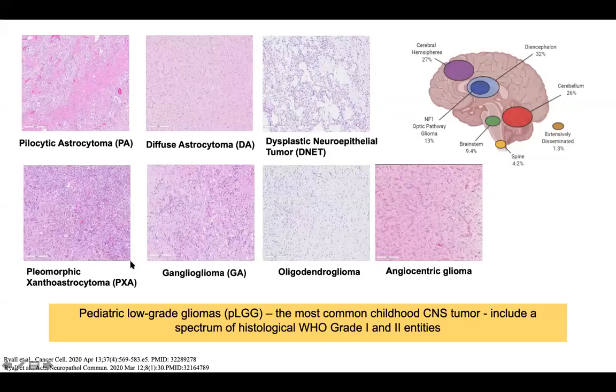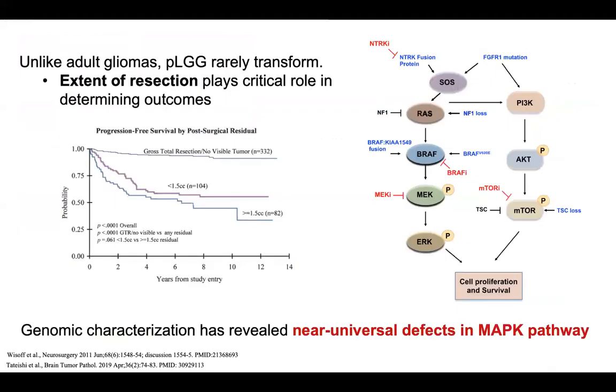Okay, the umbrella of pediatric low-grade glioma is one of the biggest wastebasket terms in all of neuropathology. It really encompasses a very broad cohort of different tumor morphologies, many of which are listed on this slide. All are considered low-grade by their behavior, but more importantly, many of these tumors show pervasive activation of the MAP kinase signaling pathway.